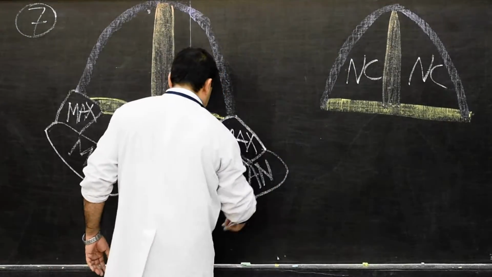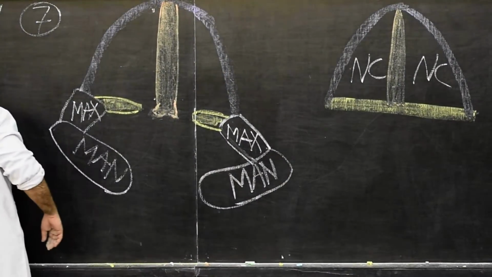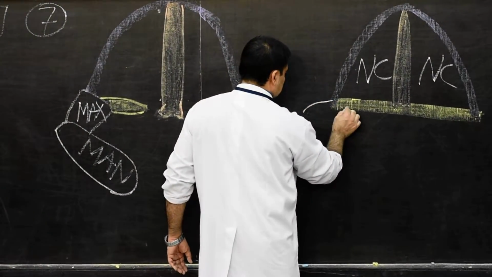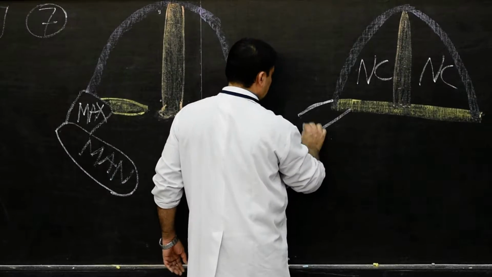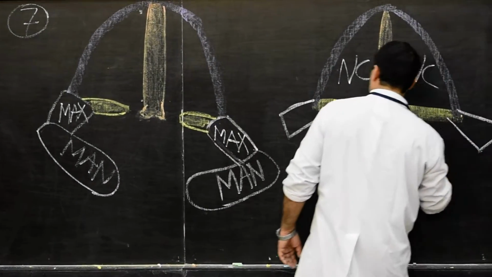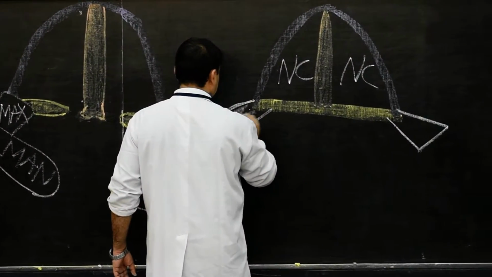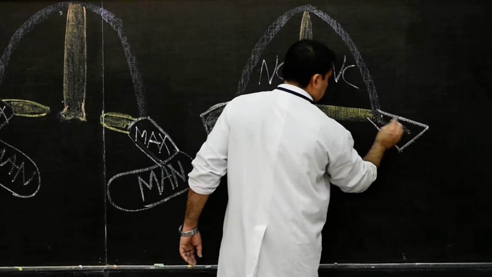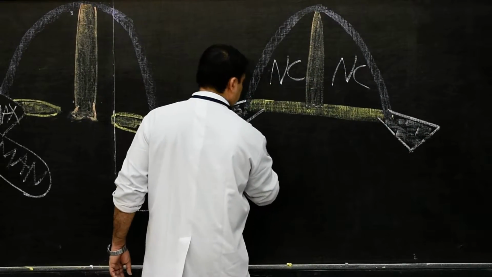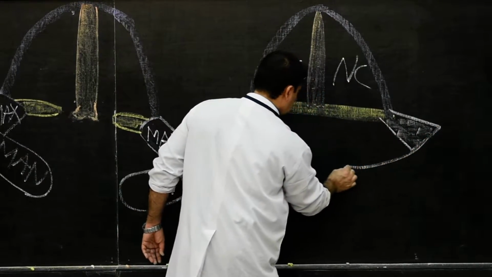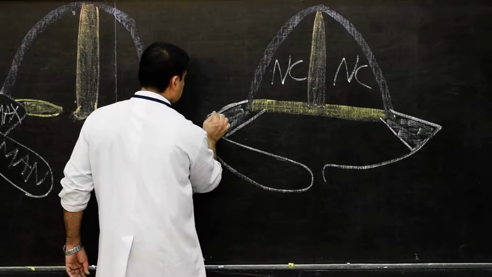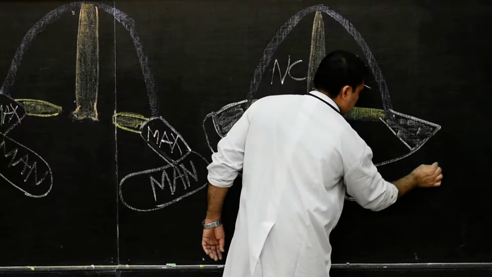Similarly, here we are going to complete the maxillary, as well as this will be maxillary process, and here we show these two maxillary, and we show the development of these two, the mandibular processes.